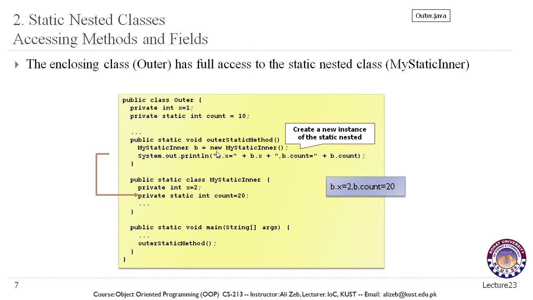As we can see, we can not only access them, we can print the output of those variables that are inside the static inner class. So the outer class or the enclosing class has full access to the static nested class. As you can see, when this method is called, this is the output that we should get.